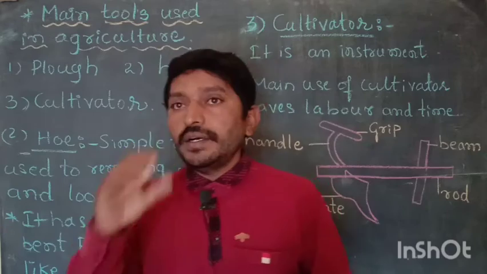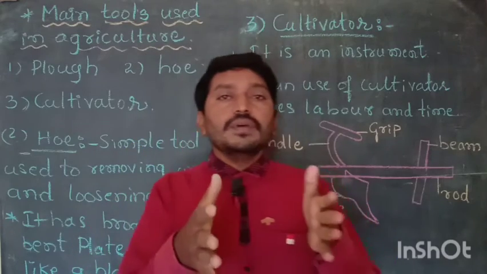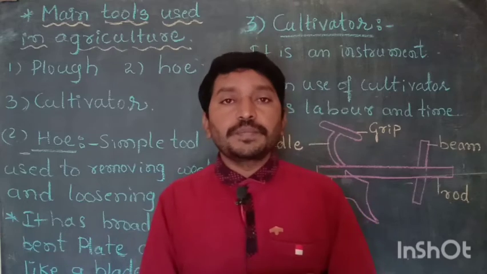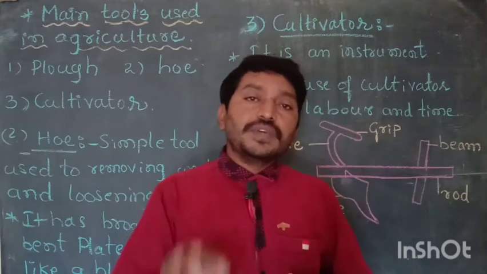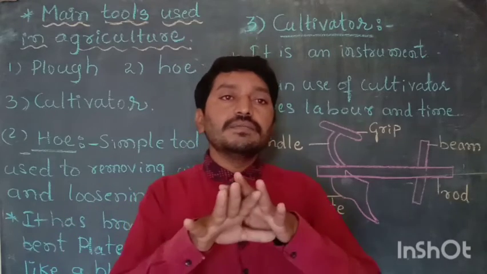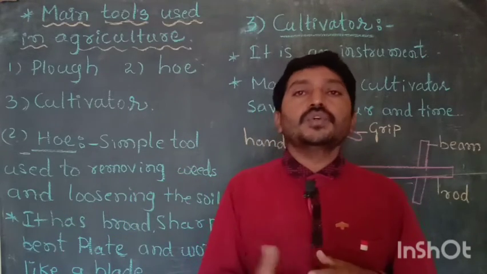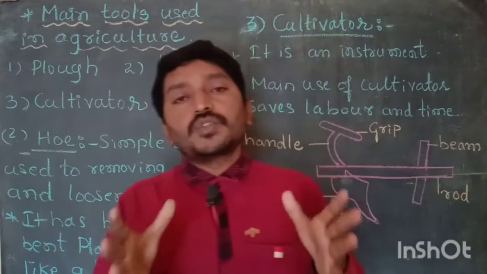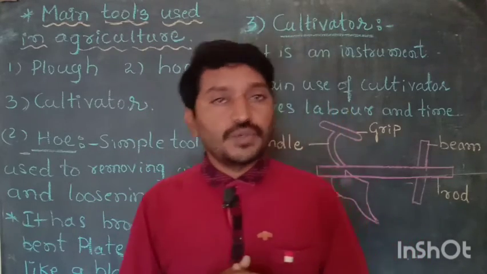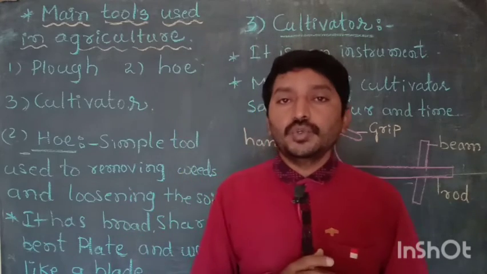Before ploughing the land, if the soil is very dry, we have to water the soil. Even though the soil contains some clumps or crumbs, we have to break those clumps.